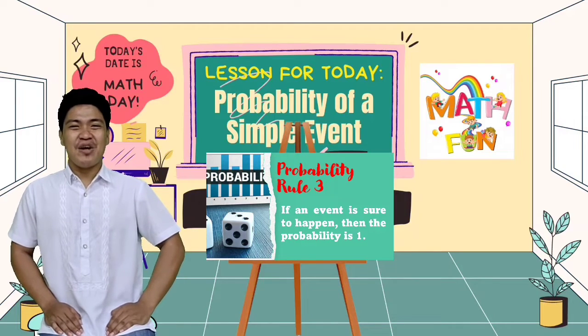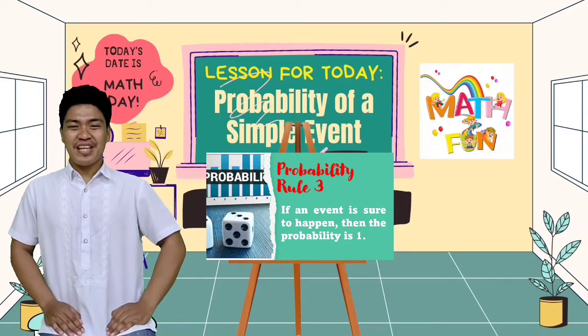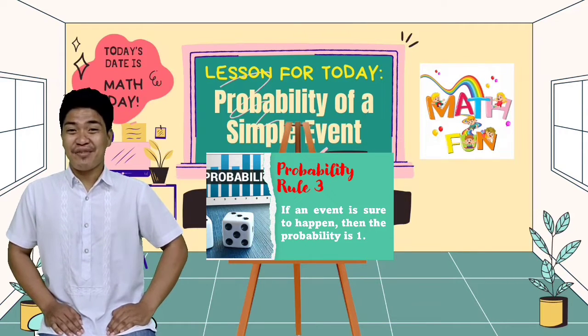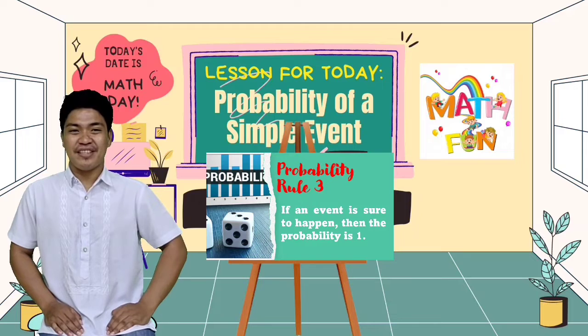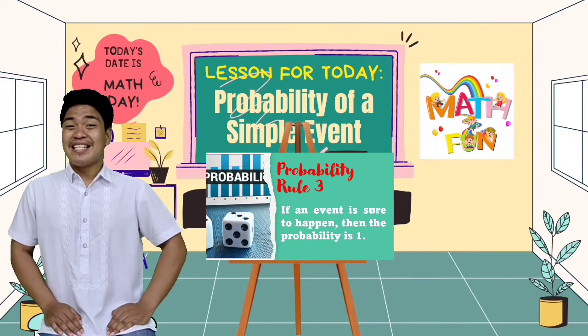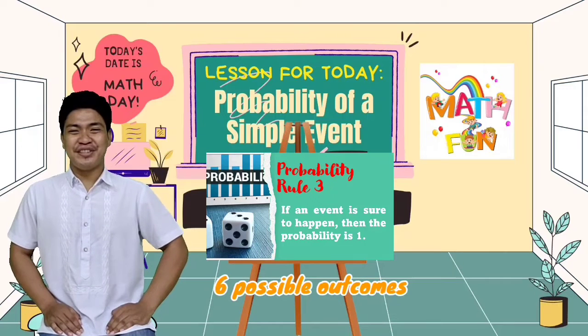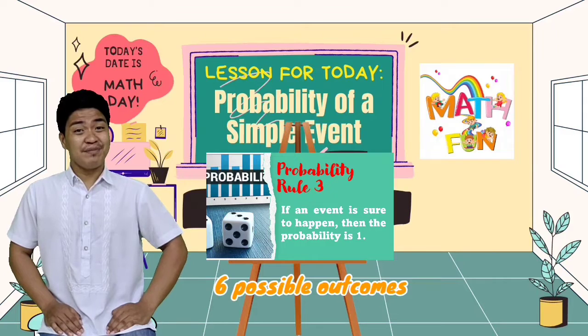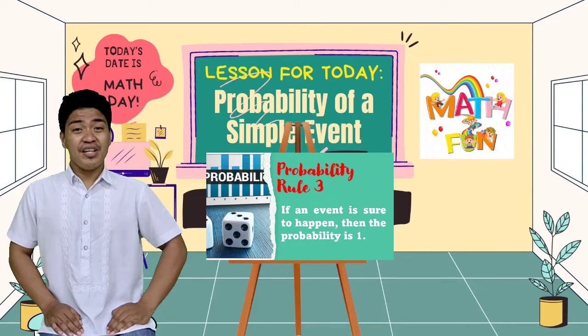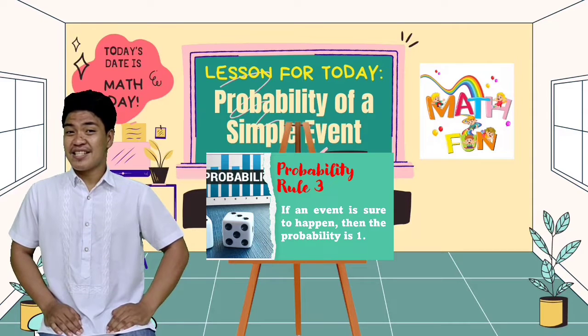For instance, when a single die is rolled, what is the probability of getting a number less than 7? Solve for the probability of getting a number less than 7. How many possible outcomes? 6. Very good. What are those outcomes? 1, 2, 3, 4, 5, and 6.